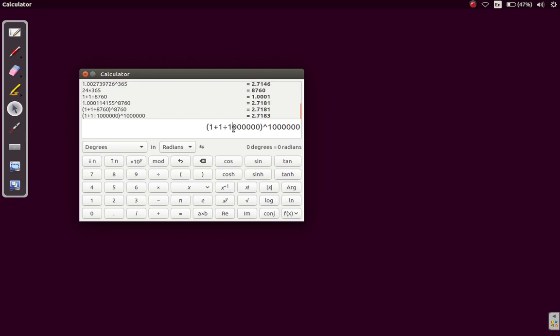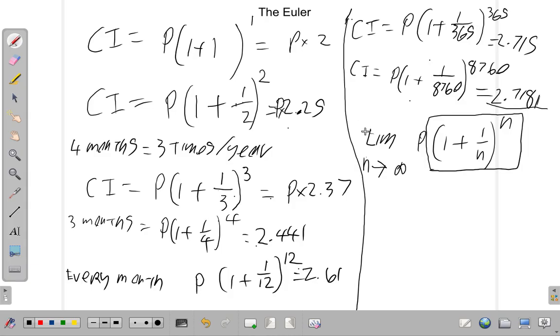If you do that again, suppose we make it 5 million, to the power of 5 million, you get 2.718281557, and so on and so forth. So that number to 3 decimal places is 2.718.